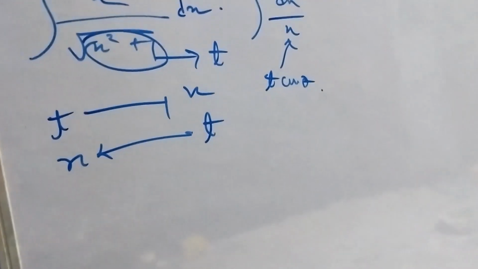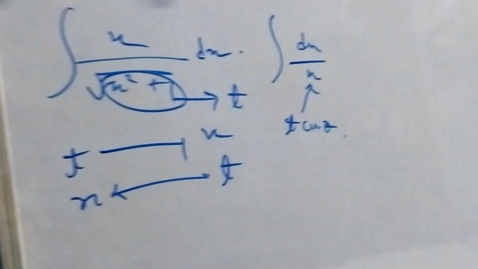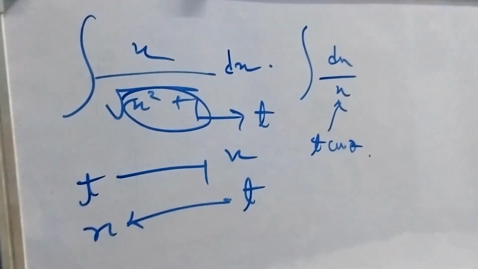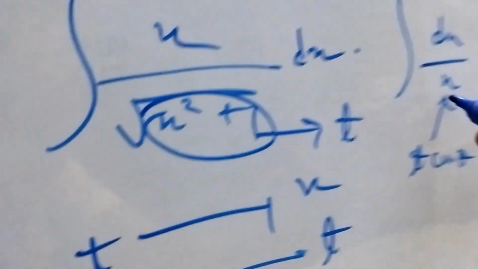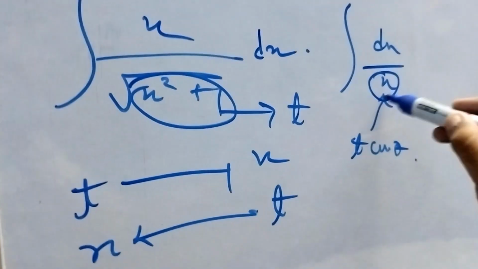As you can see here, I have written one thing, that you can do substitution by two means. One is inward substitution and the second is outward substitution. Sometimes, just like the prior question, there was only x, right?